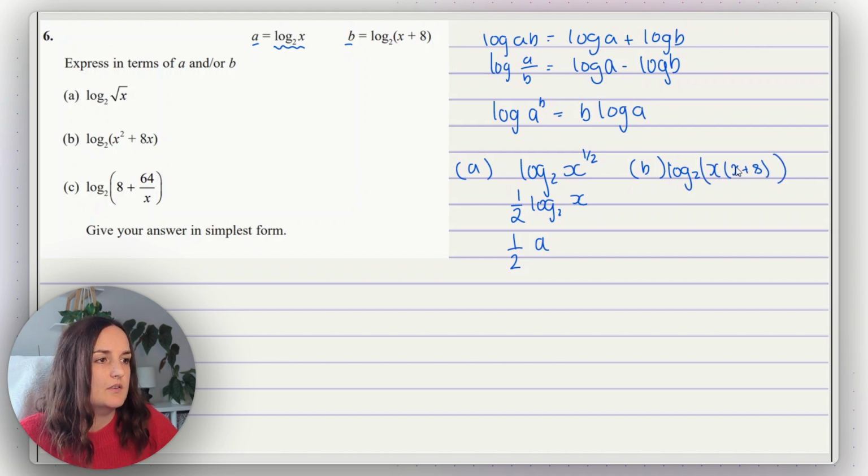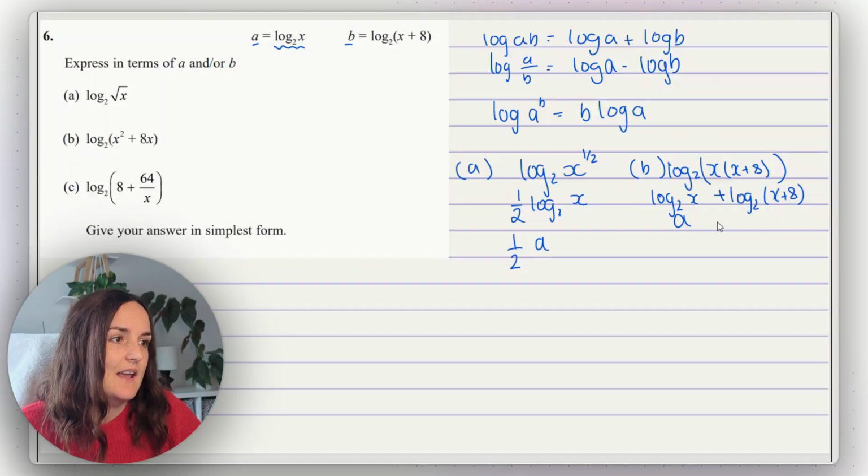So I've got two expressions multiplied together, and then we get log base 2 x plus log base 2 (x + 8). So I've taken the two things multiplied together and I've split it out because of the multiplication law into two logs. And as you can see, that turns into something really nice because log base 2 x is a, plus log base 2 (x + 8), that's b. So we've got a plus b, nice and easy.